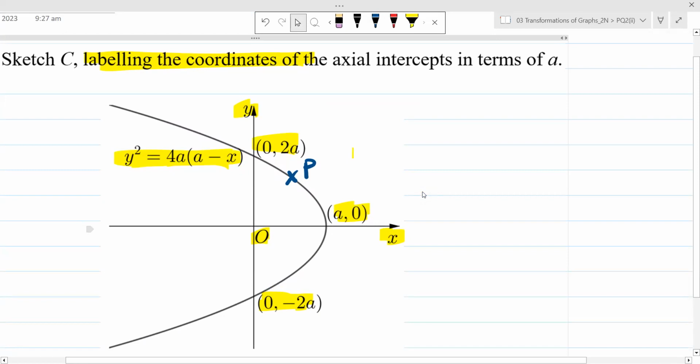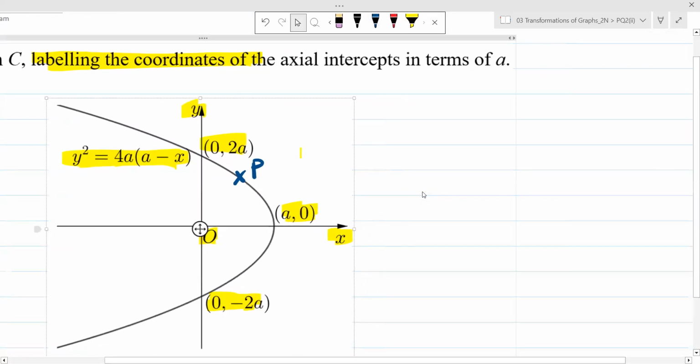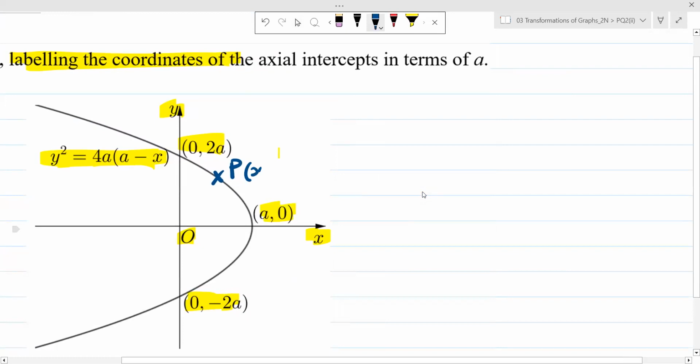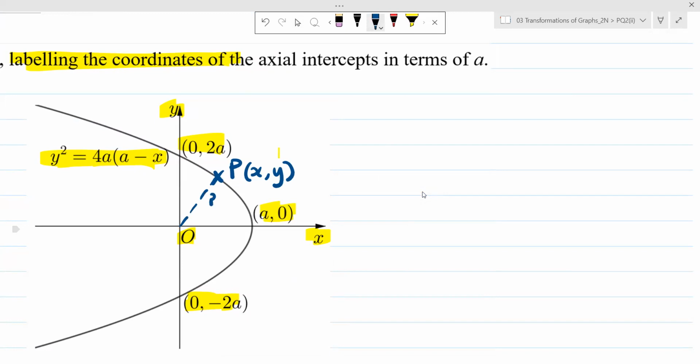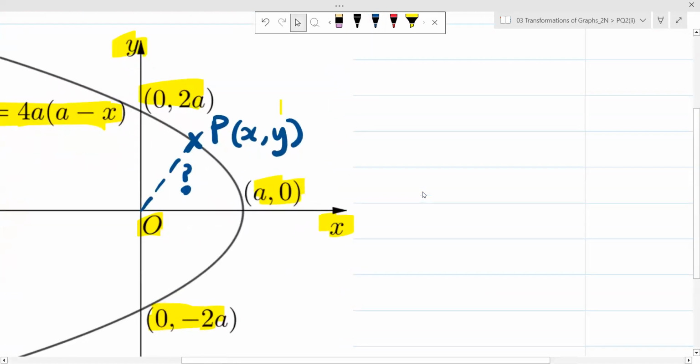What is a good way to write it? Okay, actually, never mind. Okay, so let's call this xy. I'm interested in this distance.